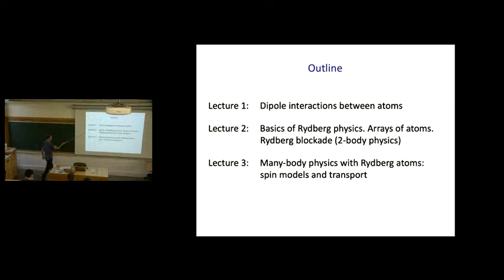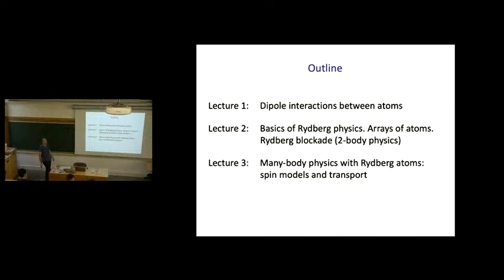And then in the second lecture, which will be this afternoon, we'll do a bit of Rydberg physics in order to introduce the idea, how to create arrays of atoms and look at two-body physics, which is the first step towards many-body, obviously, looking at something which is called the Rydberg blockade.